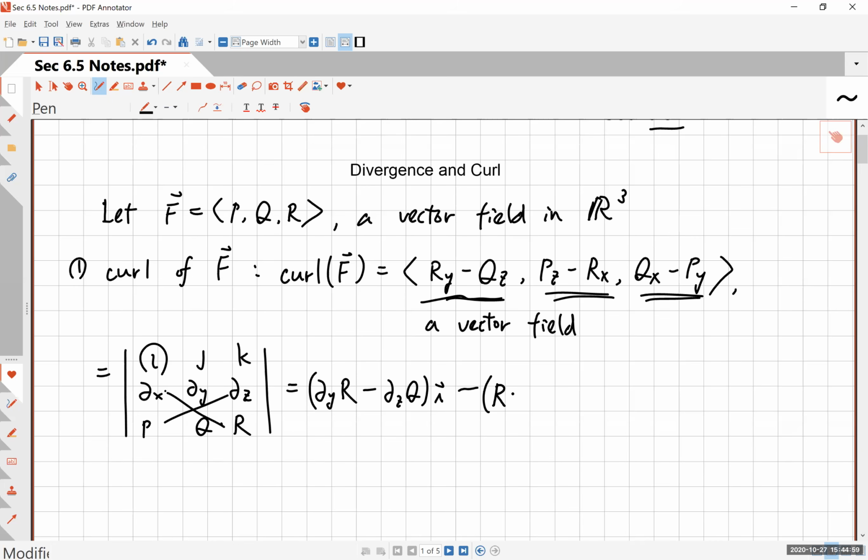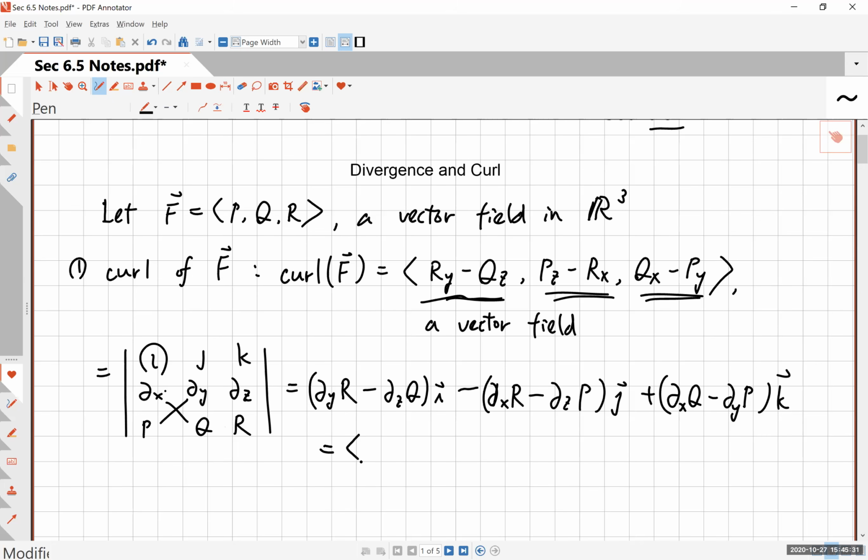Minus R, so let's be consistent here: the partial of R with respect to X, minus the partial with respect to Z of P. And then you put j on here, and then plus, the last one would be this minus that, so that means the partial of Q with respect to X minus the partial of P with respect to Y, and k. So that's what this is.